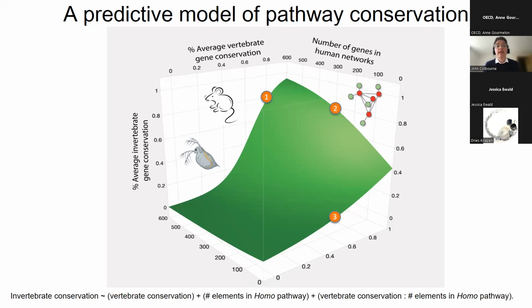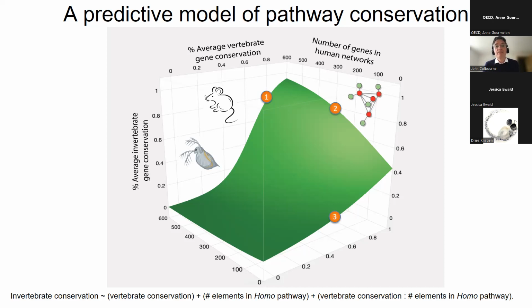So if we look at this graph, for instance, the larger the human network is, and in this case, we're looking at human networks of up to 600 genes, the more we find them to be conserved among other vertebrates, including mouse, and that they're equally shared with the distantly related invertebrates, including Daphnia. So if we look at, for instance, where number 1 is located, we see that at very large human networks, we can have up to 100% conservation between humans and other vertebrates.